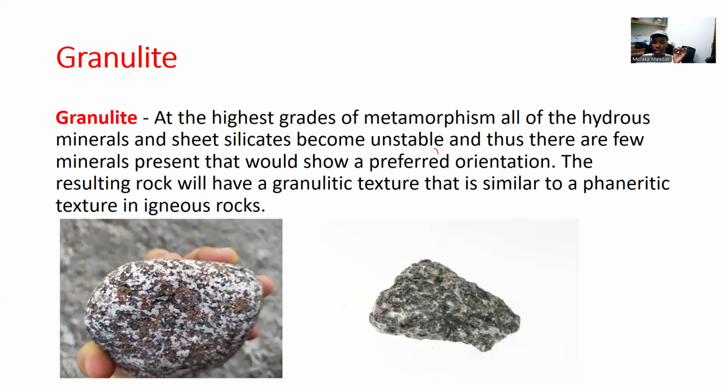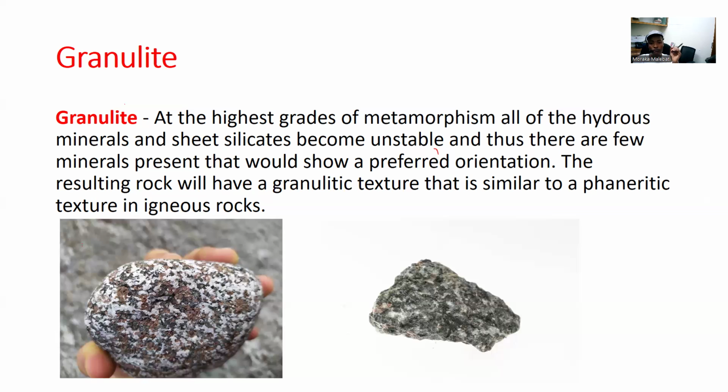Remember the word granular texture, like I mentioned. Now it's taking the form of the non-foliated rocks, which are formed by contact metamorphism, but this one is because of the intense pressures and temperatures. Now you are overprinting the preferred orientation or the foliations.